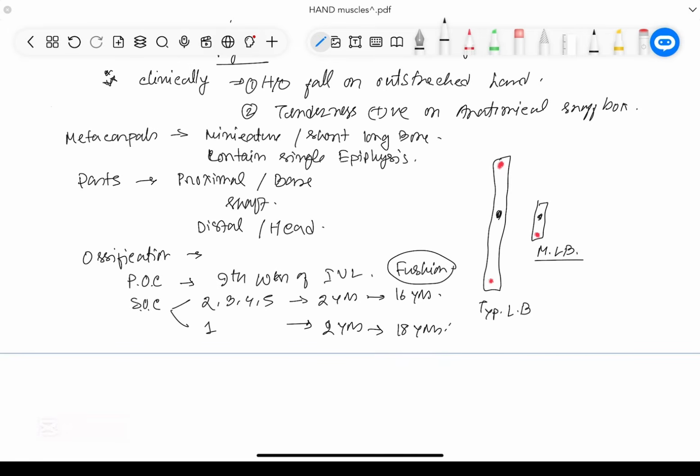Related to fusion you have to remember this, because this is the point from which a question can be asked by the examiner. In the first metacarpal, the secondary ossification center appears at the end in the second year, but fusion with the other area will be at the age of 18 years. But in the second, third, fourth and fifth metacarpals, it also appears in the second year, but fusion happens a little earlier than in the first metacarpal, at the age of 16 years.